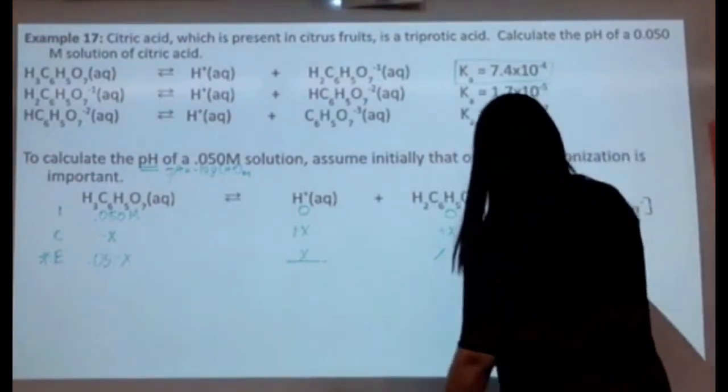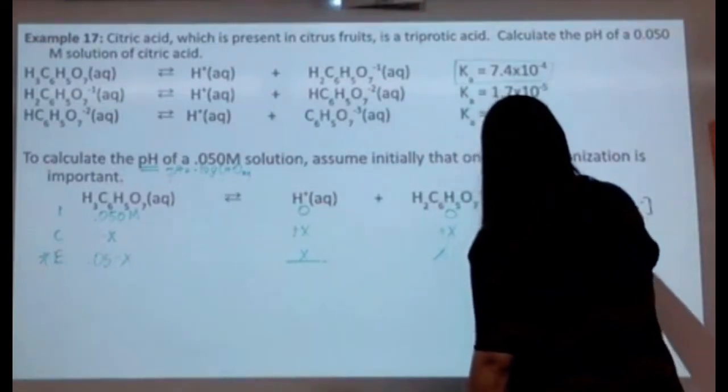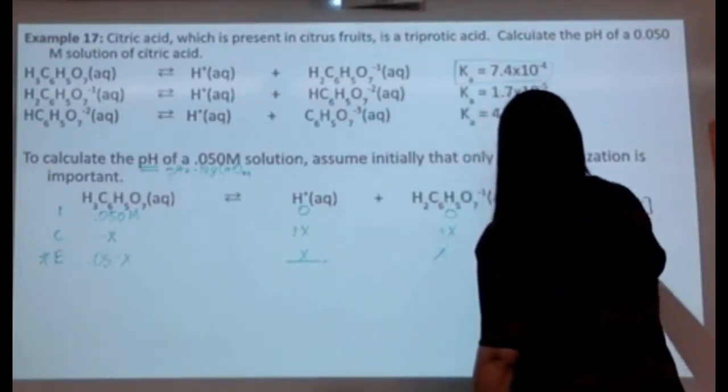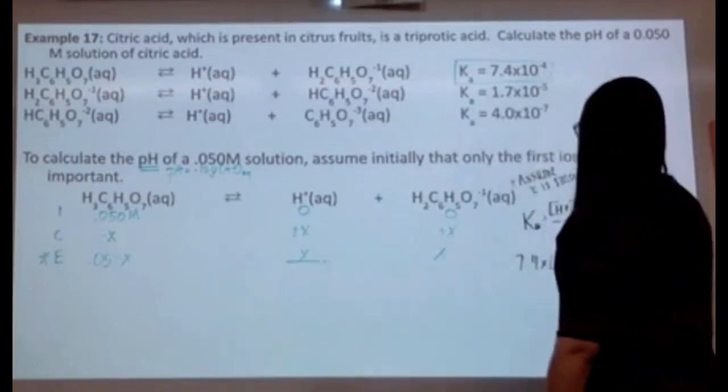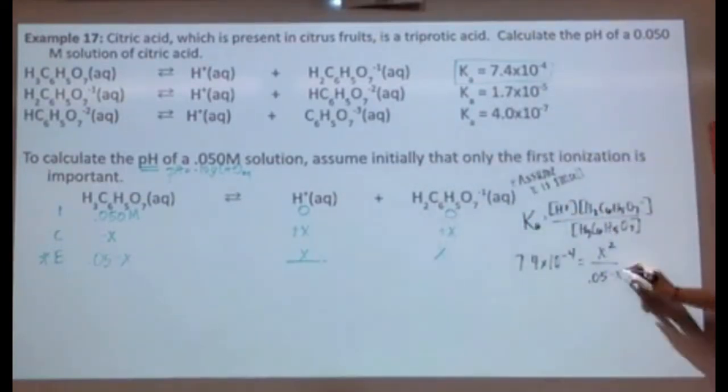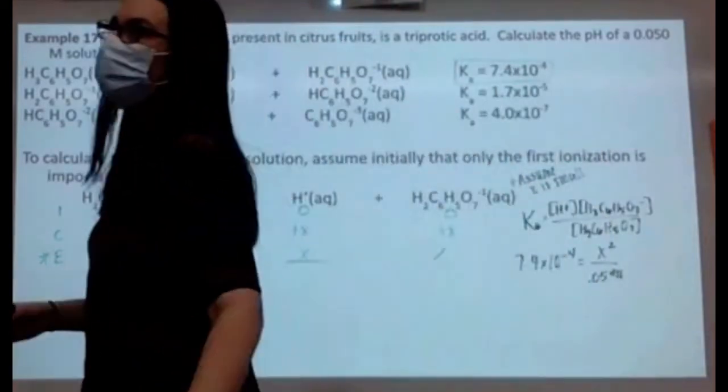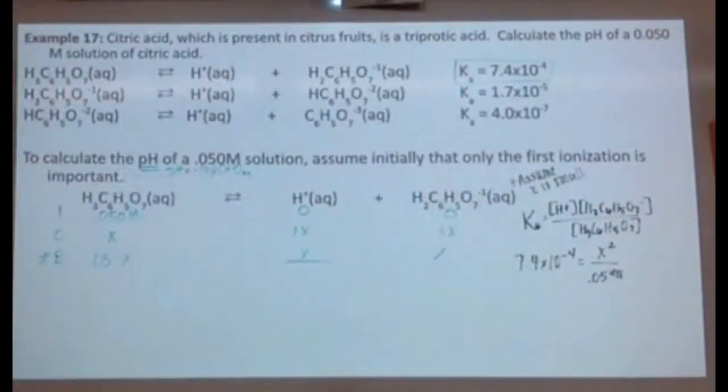If you're making the assumption, make sure to write it down somewhere. Assume X is small, because we assume then that that minus X does not play a role in changing the initial concentration of the acid.